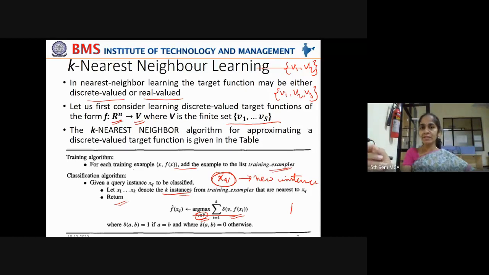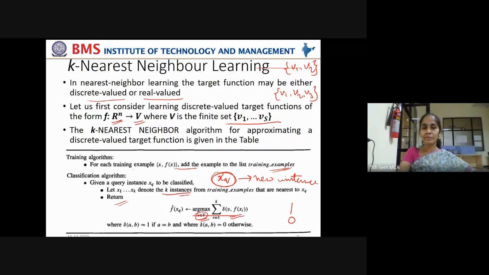If the new instance is not matching with the existing features, take the vote as 0. Okay, so delta(v, f(xi)) is the similarity between the new instance and the existing instance. If they are similar, take the count as 1. If they are not similar, take the count as 0.